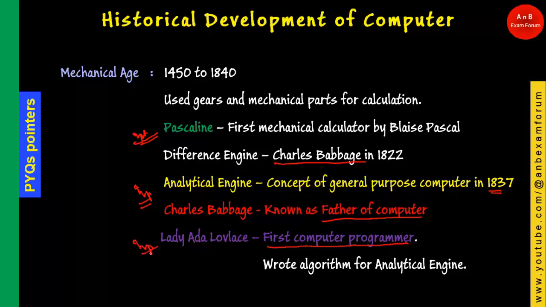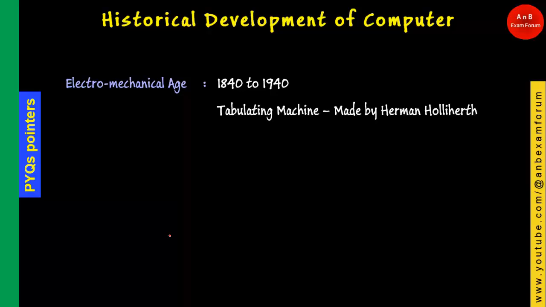Okay, let's see the next one, the electromechanical age. So we have seen the pre-mechanical age and mechanical age, now it comes to the electromechanical age. And in this electromechanical age, as the word suggests, electricity has come and mechanical things were already there.